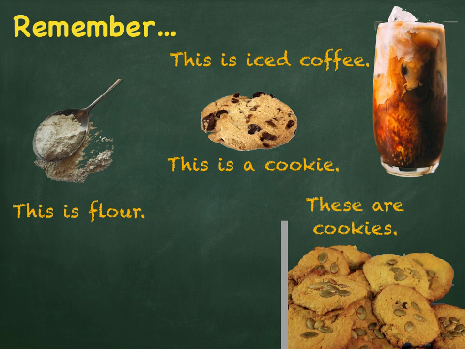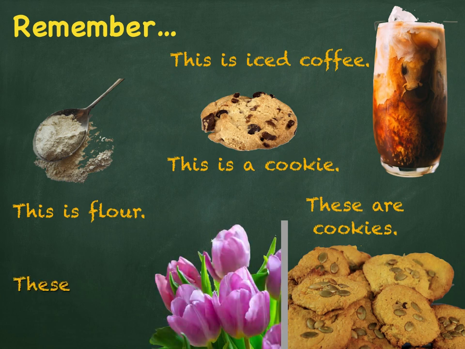But these are flowers. And that can cause a problem if you get it wrong, because the two words are very different, but they sound the same. If you have only one, you would say this is a flower.